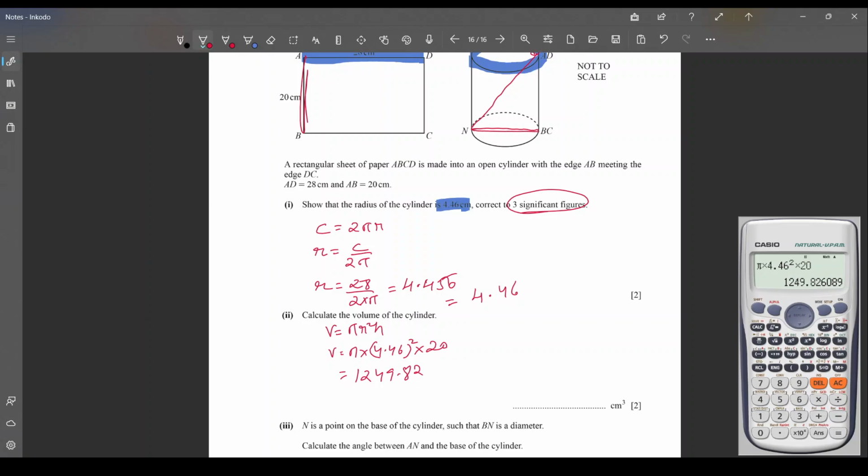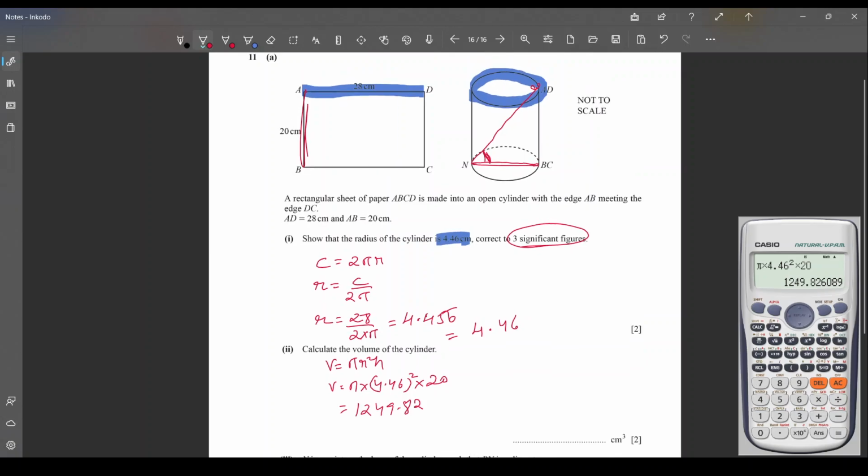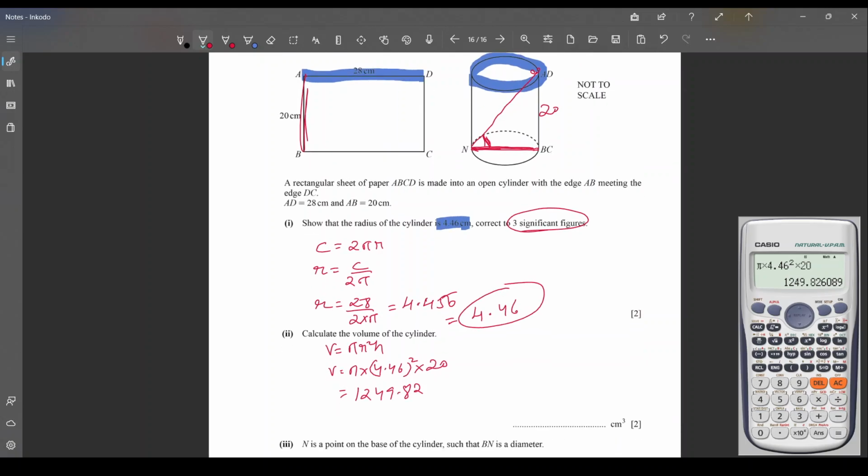The base of the cylinder is this one, so this angle we have to calculate. We know that this is 20 and this should be double of this one. 4.46 into 2 will be 8.92. So this is 8.92.